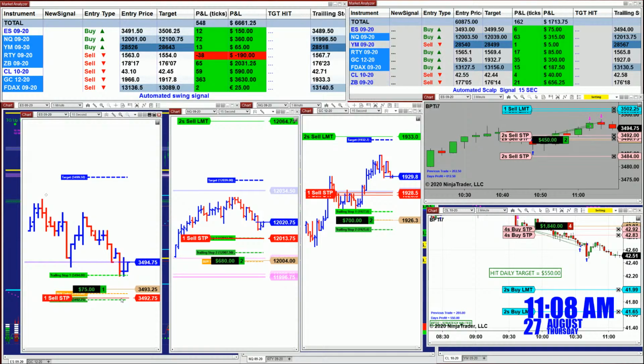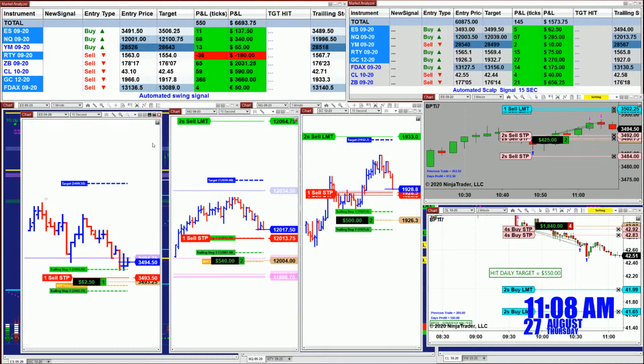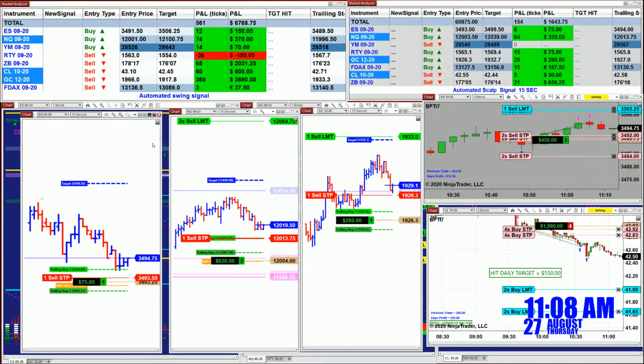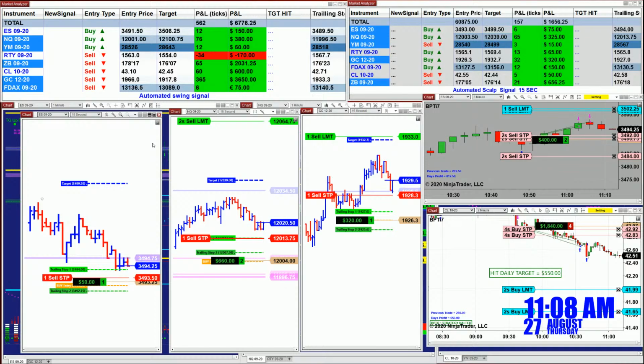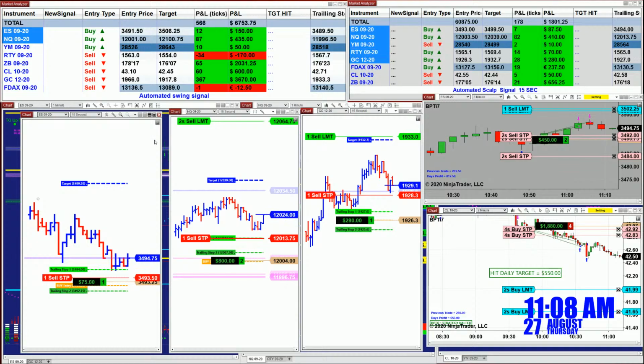So we're going to go ahead and leave the last one plus a couple takes. And we are about to close. We are hanging by a thread on those trades. Amazing.